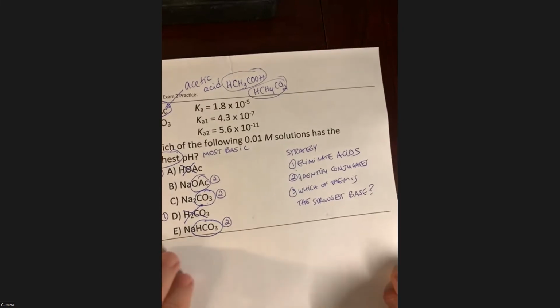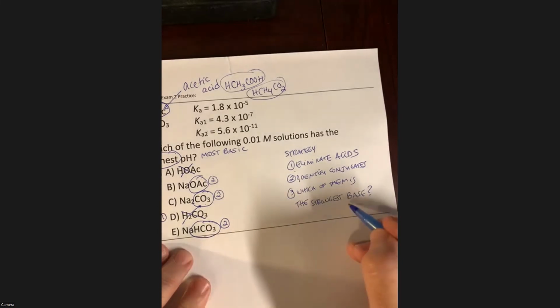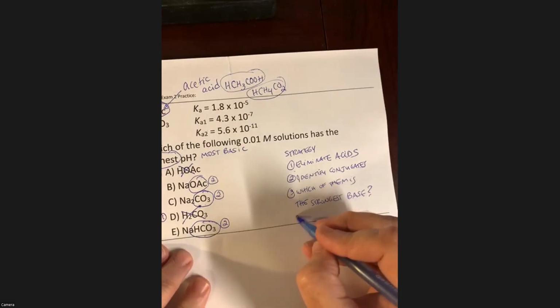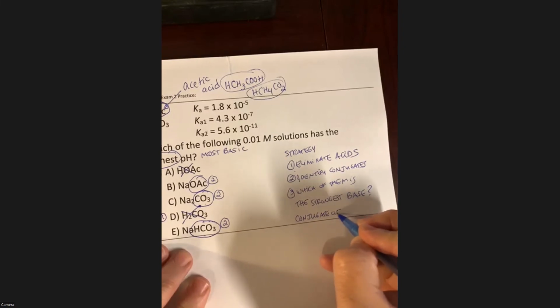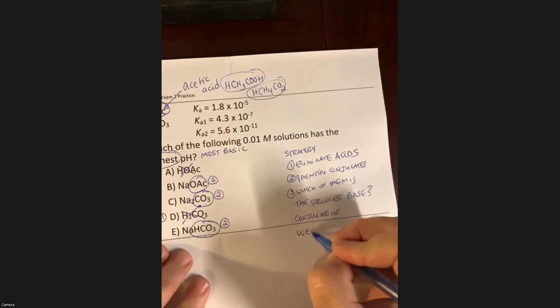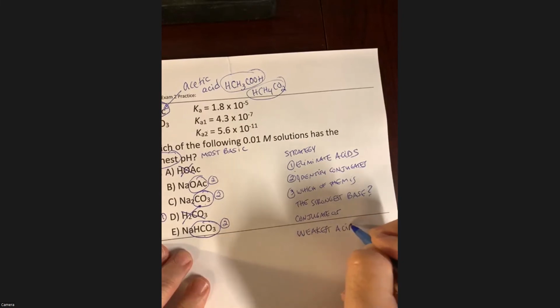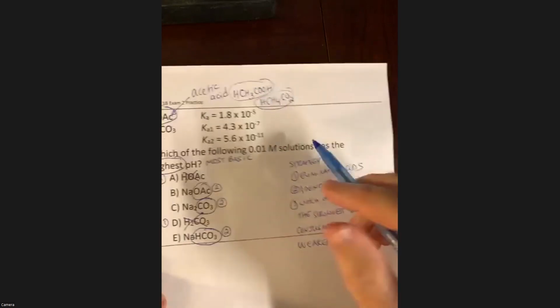Well, what have we said about conjugates? If I'm the strongest base, I am the conjugate of which acid? The what acid? Weakest. That's right. The conjugate of the weakest acid. Okay, let's go back to the list here.